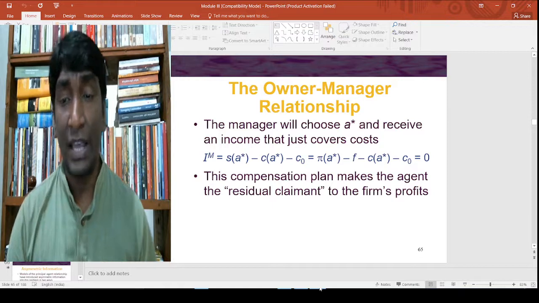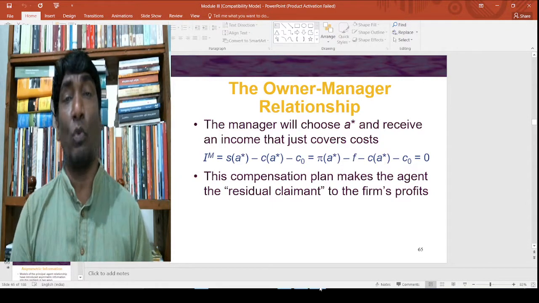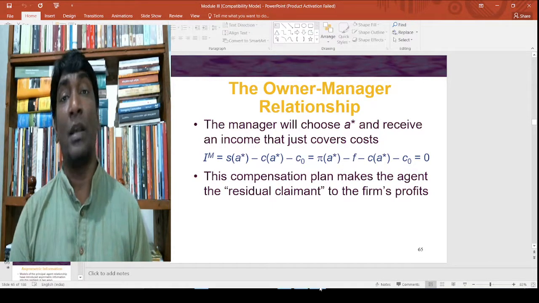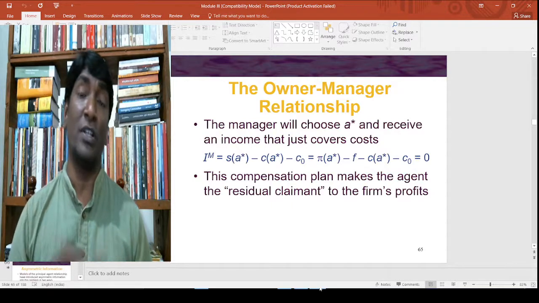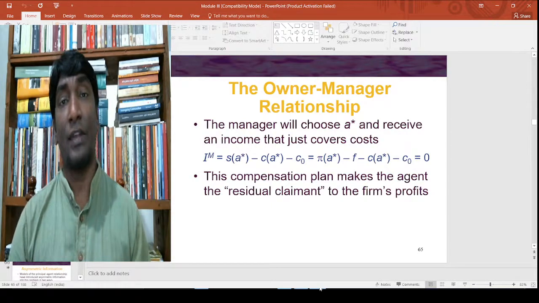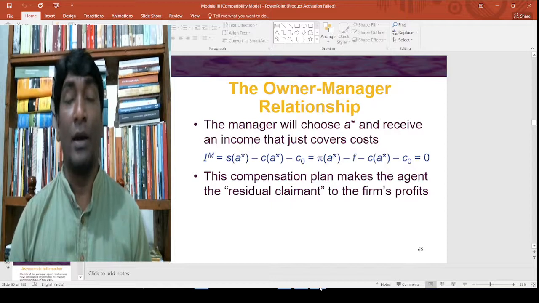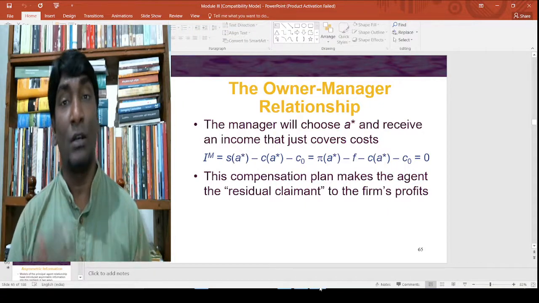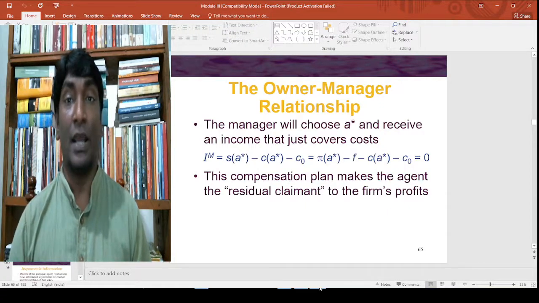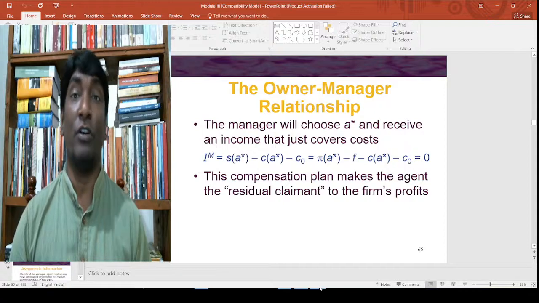Now, when you say that an agent, or the management, sometimes gets a huge profit, a simple example can make this clear. When the American housing bubble burst, many of the CEOs got a lot of rewards.